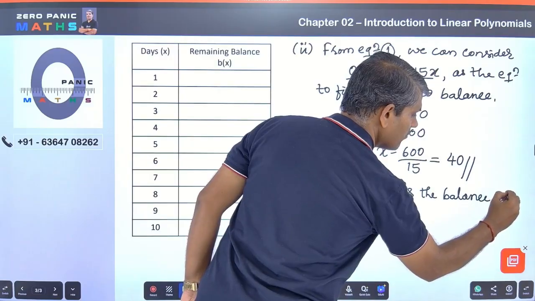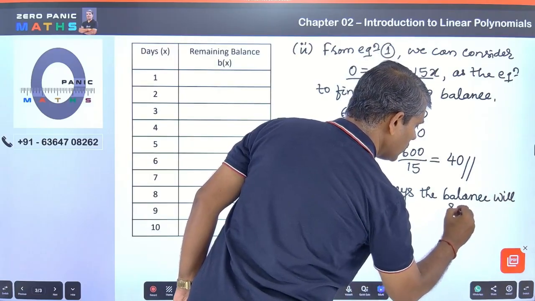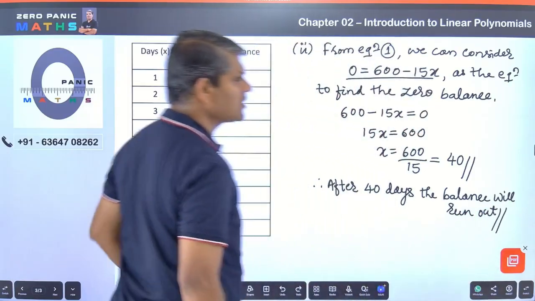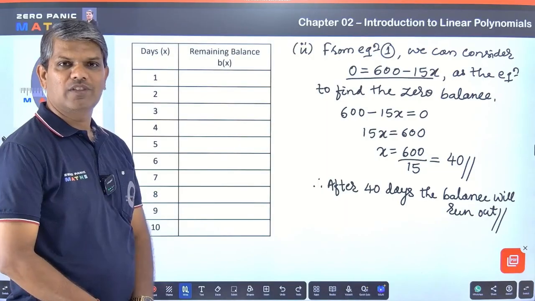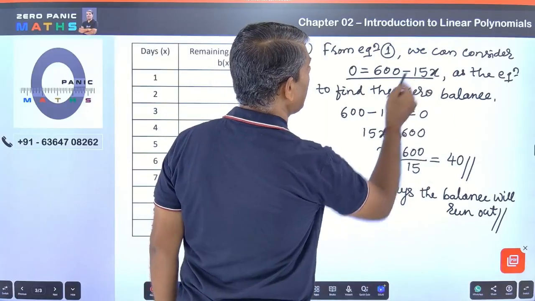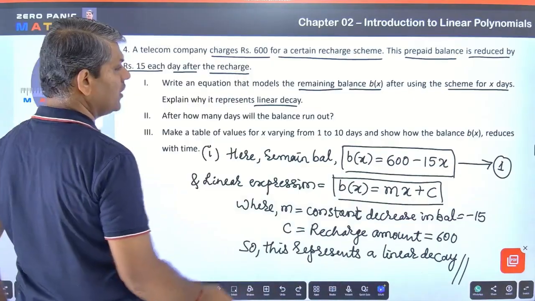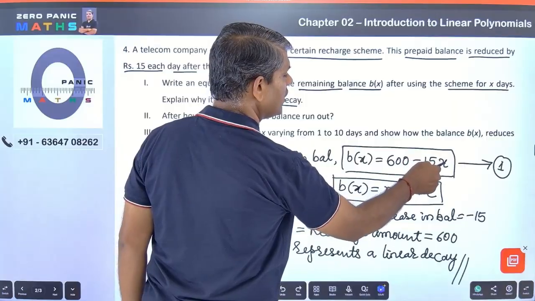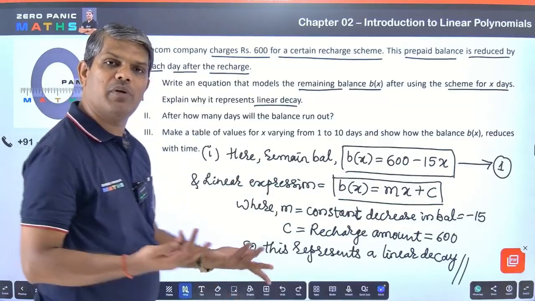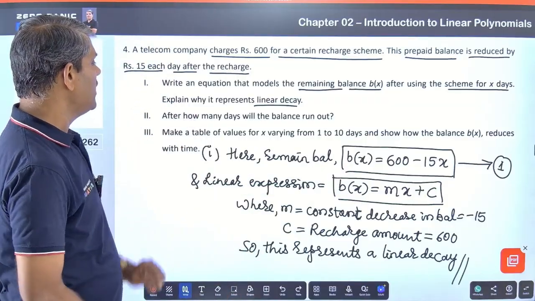This is what they want as the answer to the second question. You understood this, right? Now let us put the value of 40 in x in equation 1. 15 times 40 is 600, and 600 minus 600, the balance b of x, becomes 0. That is the answer to the second question.